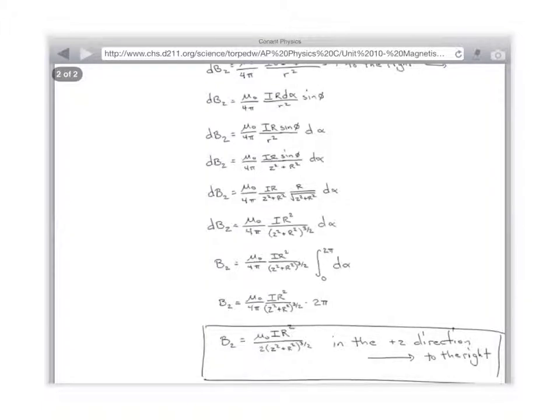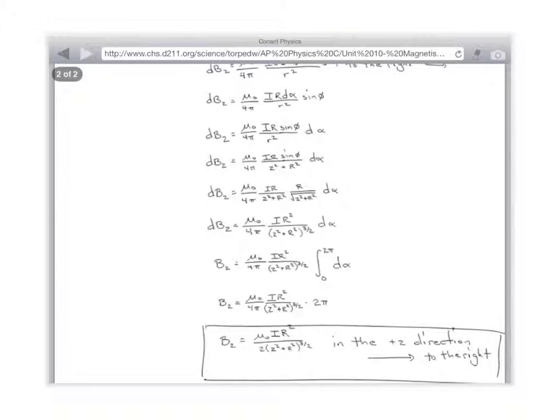And then we look at all of these things and realize every single one is a constant. I is constant. The radius of the circle is constant. Z, which is the distance of the point from the center of the circle, is constant. The only variable is alpha, but alpha isn't even in this. So we're going to integrate from 0 to 2 pi of 1 d alpha, and we end up with just 2 pi for the integral.